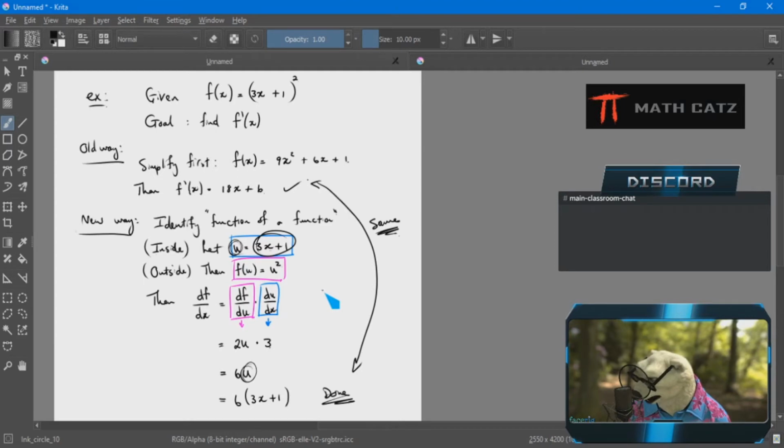I just simplified it and found the derivative. Why do I need this chain rule? Well, many times I won't be able to simplify, and that's just not an option. If you have the option, great. Think about which one you want to do, and I would definitely do the first one because it's faster. But most often, you don't have a choice, and simplification is just not going to get you around these fancier properties. It's just not going to happen.